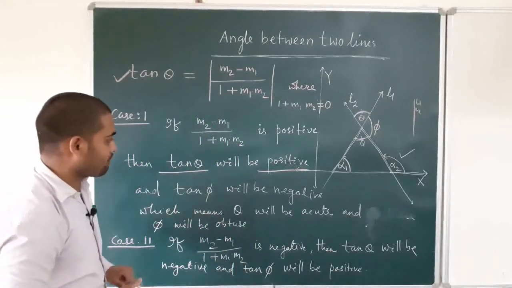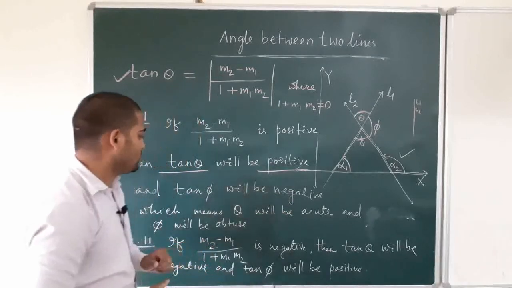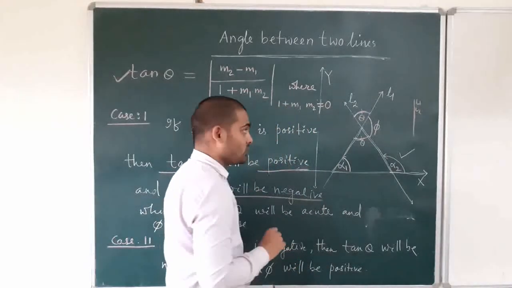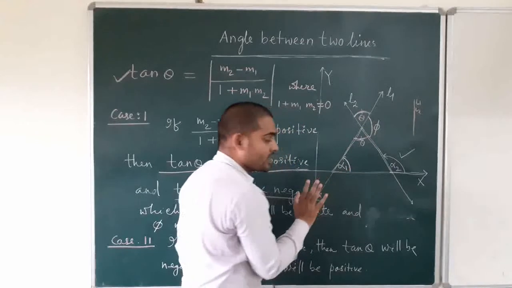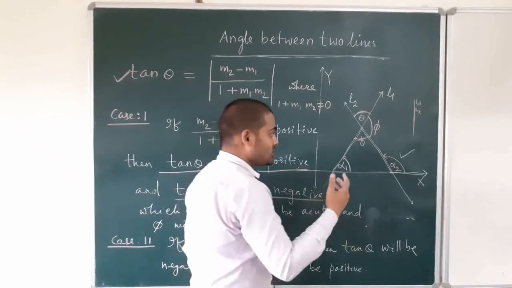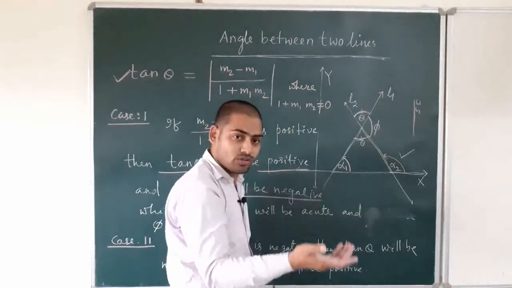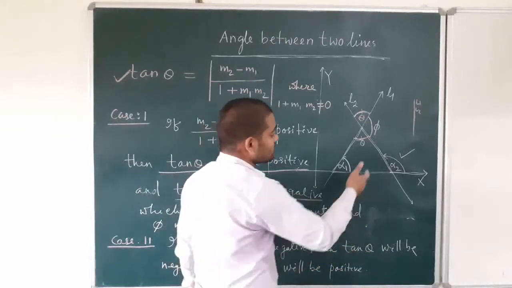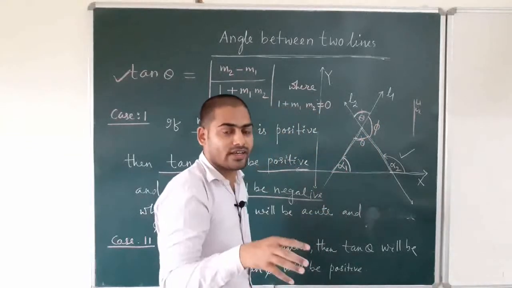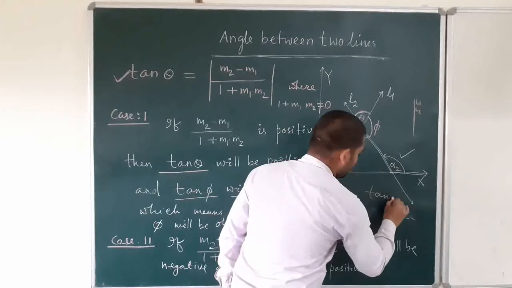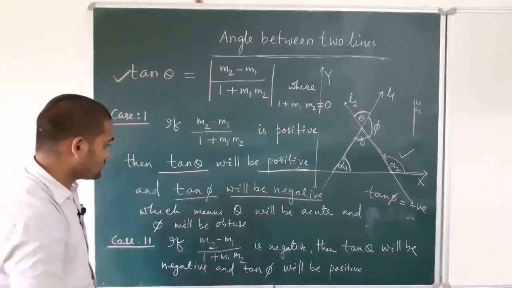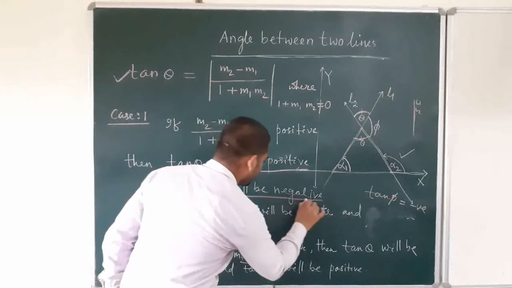And tan phi will be negative, because when theta is acute angle, tan theta is positive. At the same time, phi is obtuse angle, so tan phi must be negative.